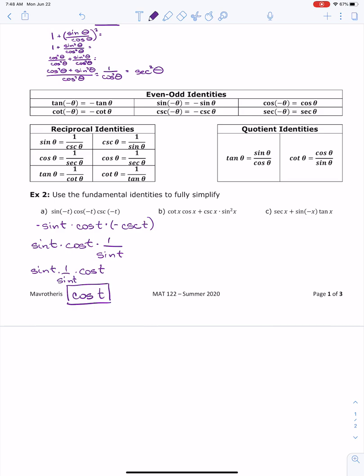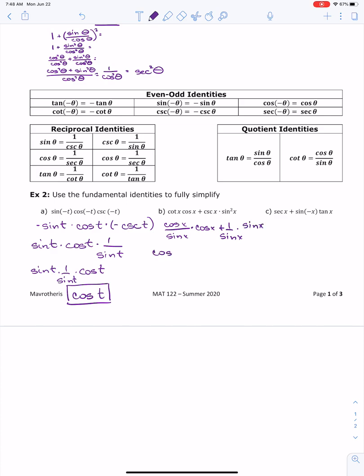B, I've got cotangent x cosine x plus cosecant x times sine squared x. So I'm going to start by rewriting what I can. I'm going to use the quotient identity to rewrite cotangent. So that's going to look like cosine x over sine x times cosine x plus cosecant, which is 1 over sine x, times sine squared x.